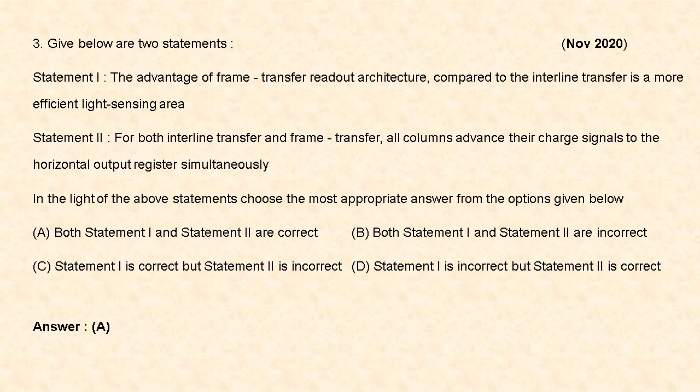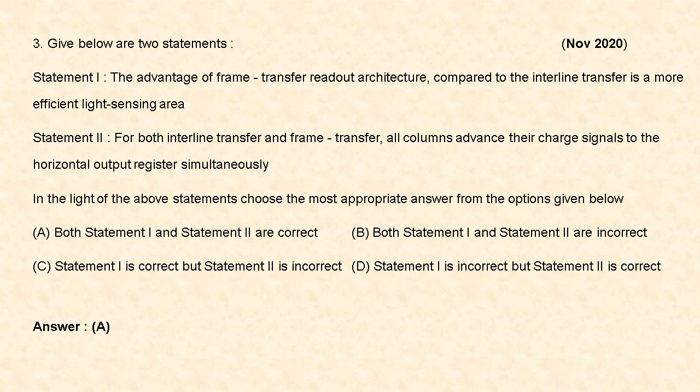Given below are two statements. Statement 1. The advantage of frame transfer readout architecture compared to the interline architecture is a more efficient light sensing area. Statement 2. For both interline transfer and frame transfer, all columns advance their charge signals to the horizontal output register simultaneously.